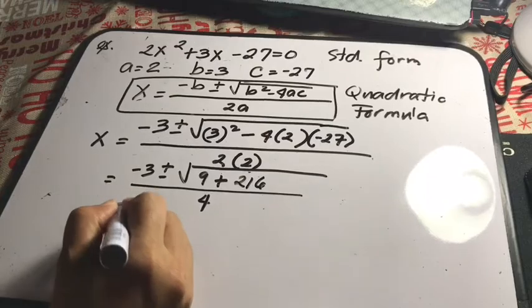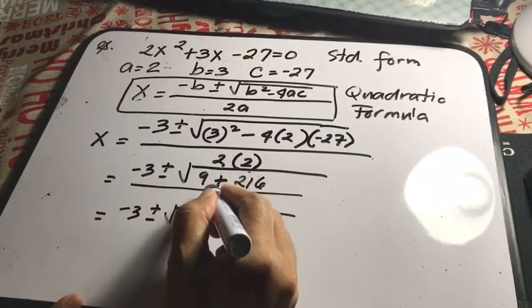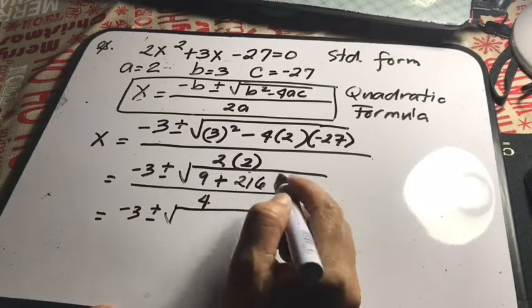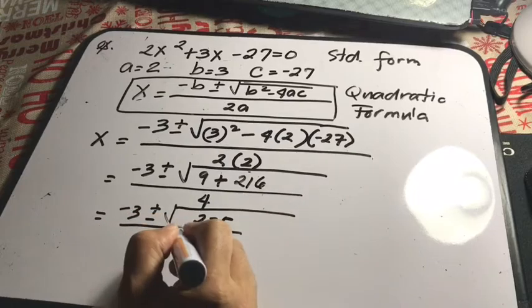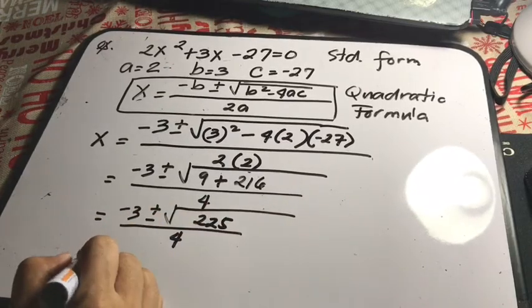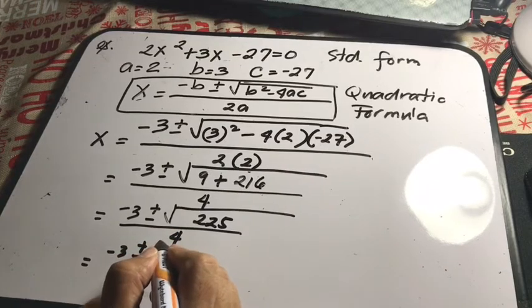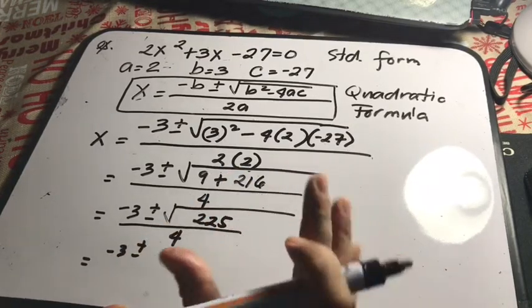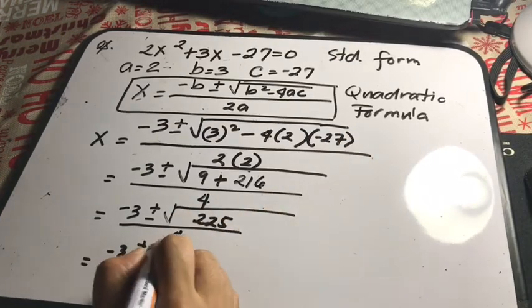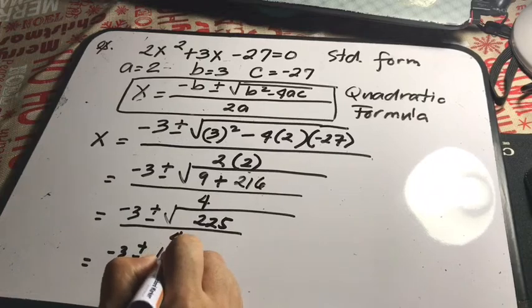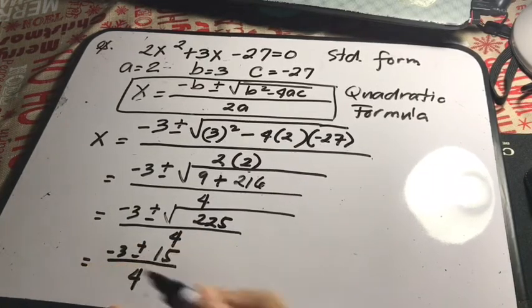So this is equal to negative 3 plus minus the square root of 9 plus 216, which is 225, all over 4. As you can see, 225 is a perfect square, so the square root of 225 is equal to 15, all over 4.